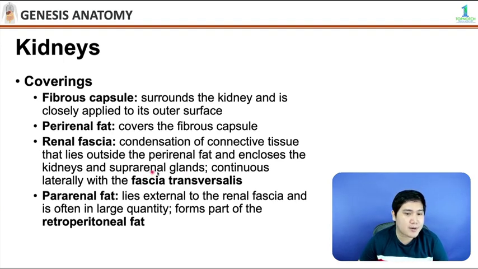Kasama na si suprarenal glands. Your renal fascia is continuous with the fascia transversalis. After the renal fascia, you have the pararenal fat, which forms part of the retroperitoneal fat.